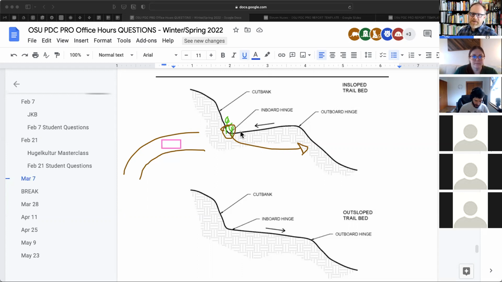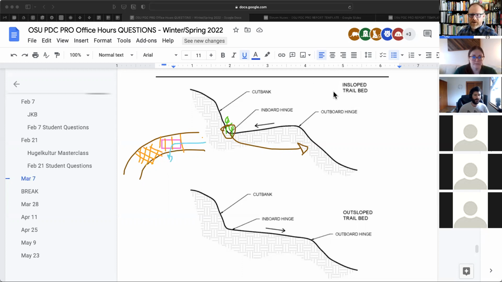But a rolling dip is basically a place where this is our trough, and then this is our berm. And so what happens is, when water, and it's graded in a certain way to bring the water from one side to the other. And so if the water's coming down this way, it moves off slope like this.